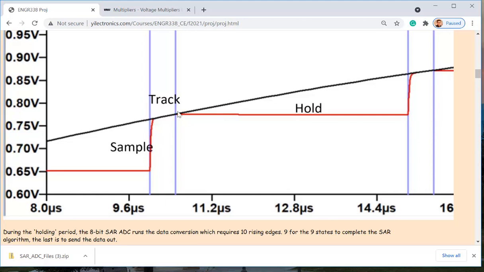All right. So why do I want to hold it for a while? Do you remember how many states you need to complete the SAR conversion? If it's an 8-bit, how many states do you need?